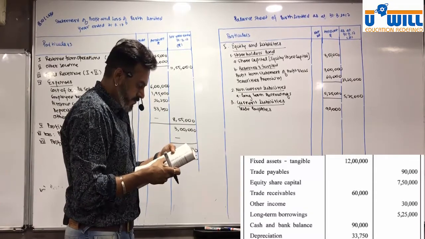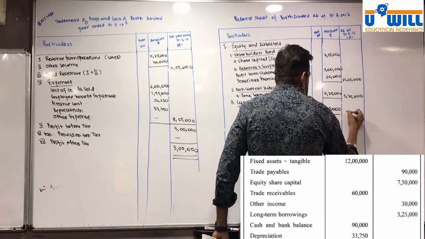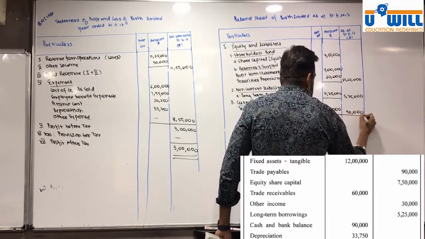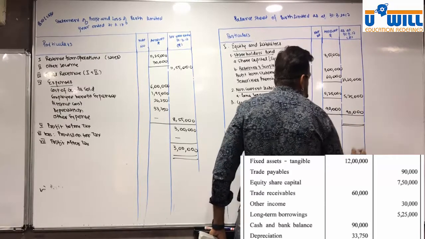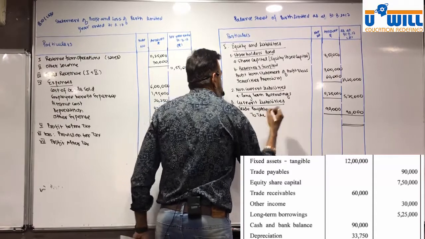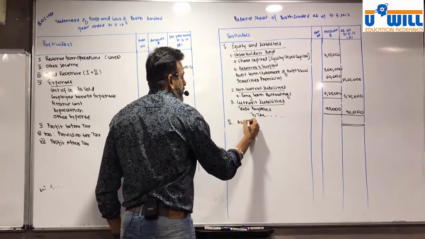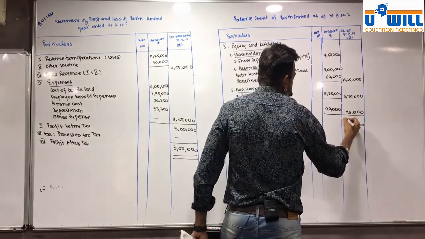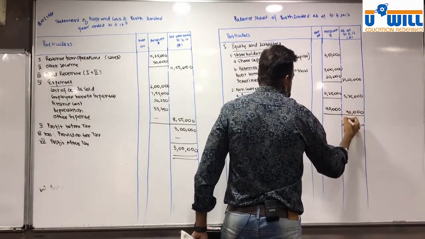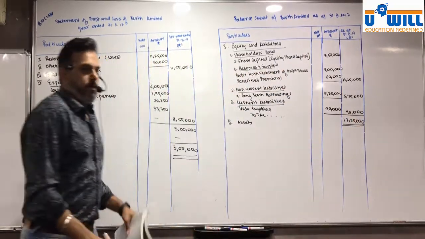Anything else? That's it. Total. Second, assets. What's the total? 12 lakh. 12 and 5, 17 lakh 25,000.